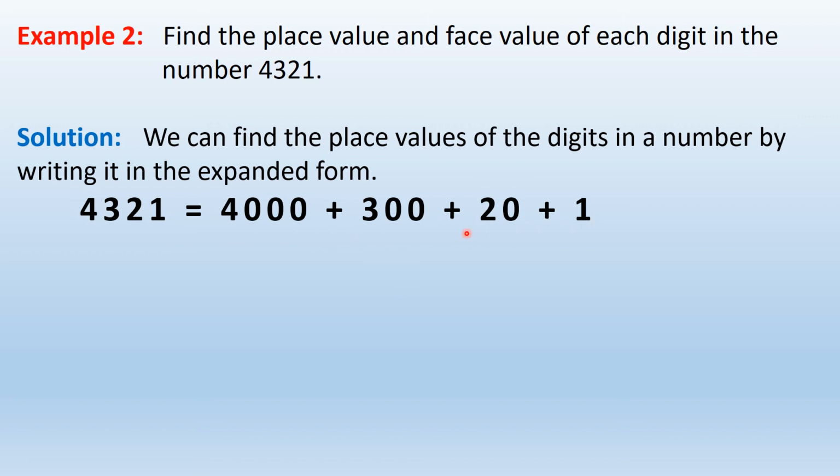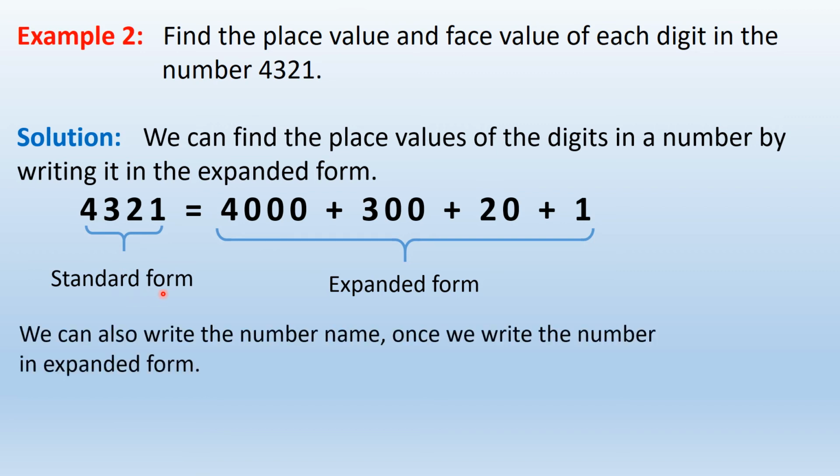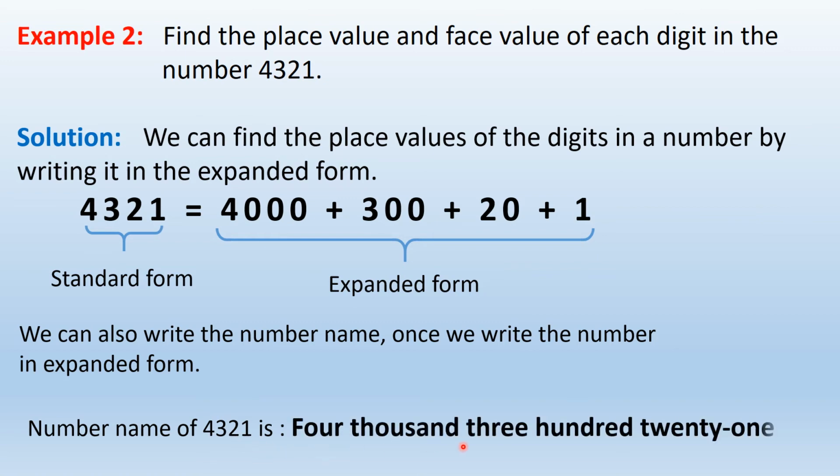So here this is the expanded form of the given number, and this is the standard form of the given number. We can also write the number name once we write the number in expanded form. Number name of the given number is 4321.